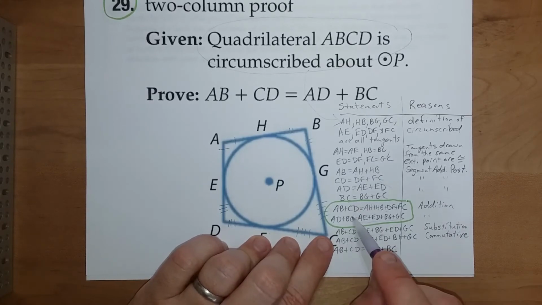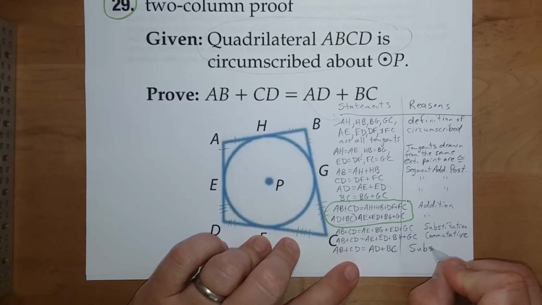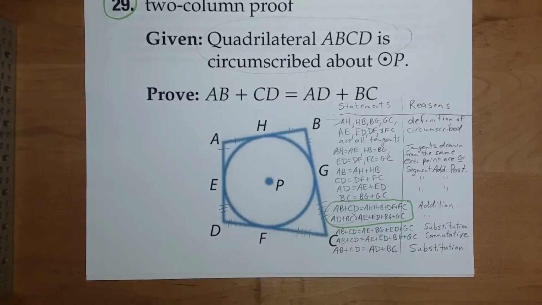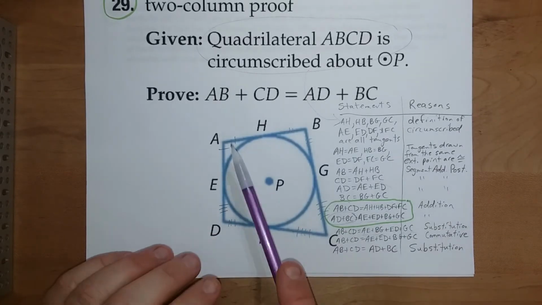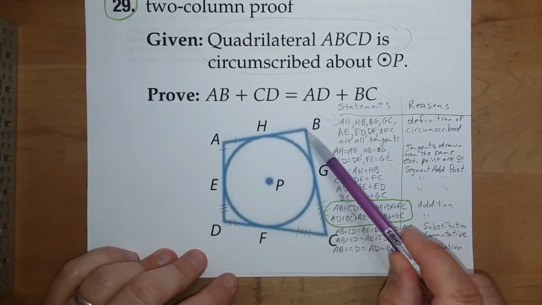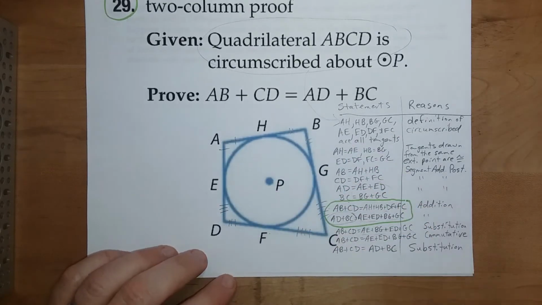I substituted this in for that lengthy expression right there. Just a substitution. It's good to prove that, because once you see it, you'll always remember that the opposite sides in a circumscribed quadrilateral are going to add up to the same thing. AB plus CD is always going to equal AD plus BC.